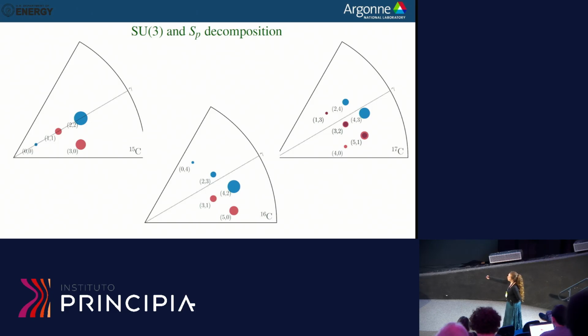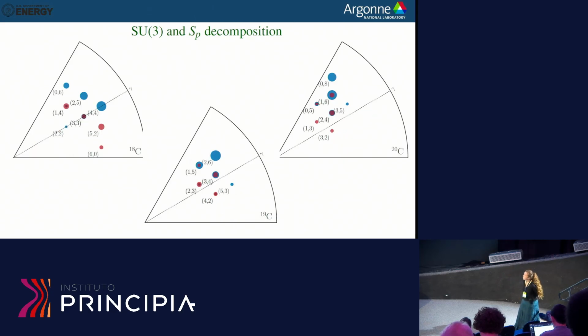Same thing in carbon-16: slightly triaxial towards the prolate side, and then a handful of other probabilities around roughly the same beta. And again in carbon-17.